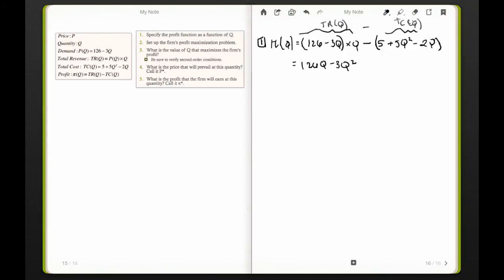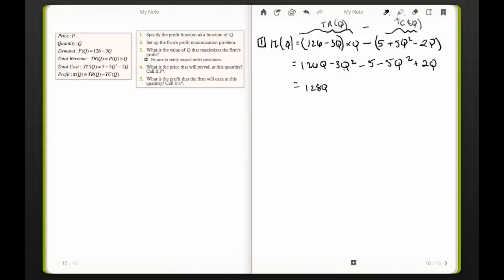Let's simplify this. I'm just distributing that Q through. And now, because I have parentheses here, I've remembered to put this negative all the way through the entire function. So you get minus 5Q squared plus 2Q. And I can simplify this. 126Q plus 2Q is 128Q.